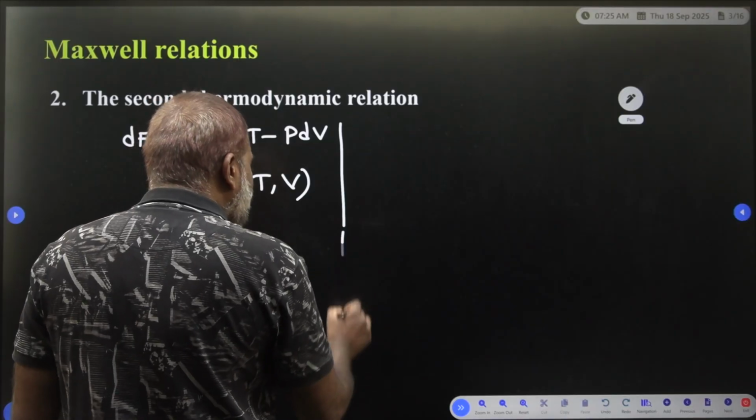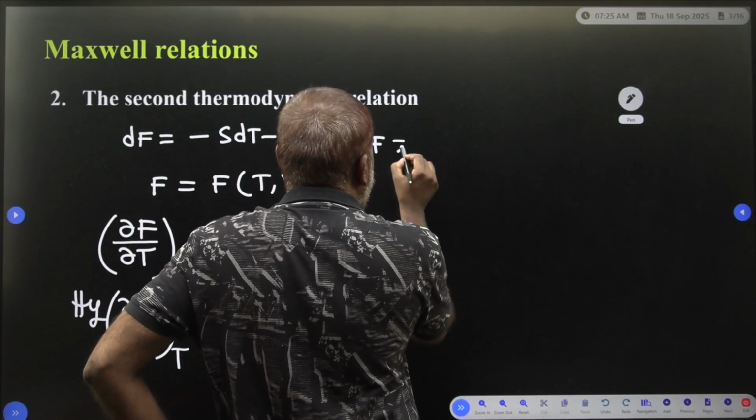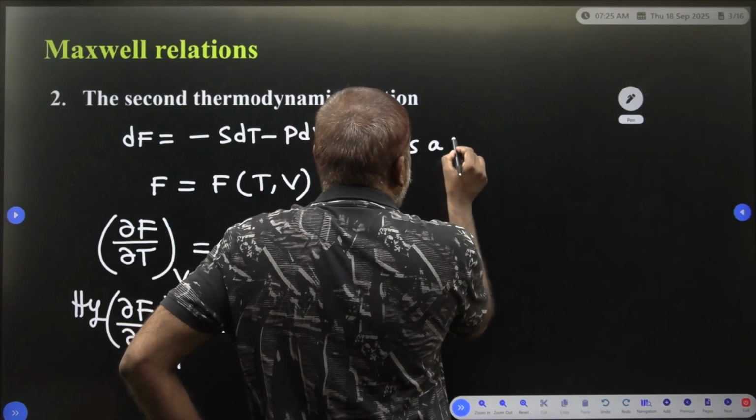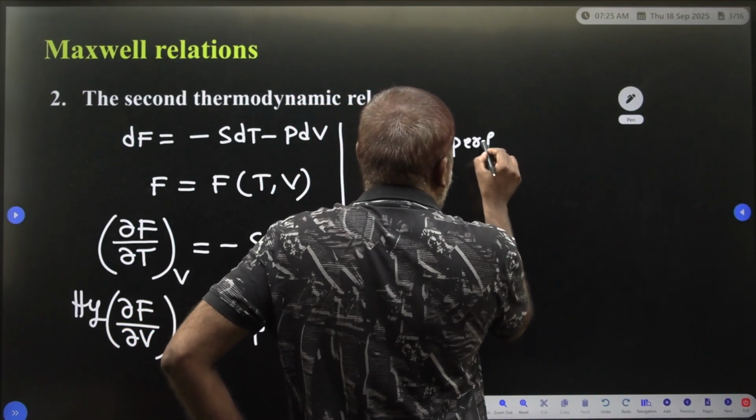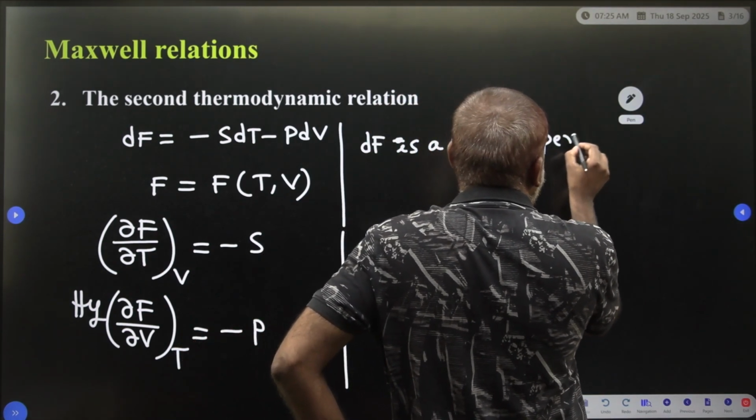Therefore the change in Helmholtz free energy, dF, is a perfect differential.